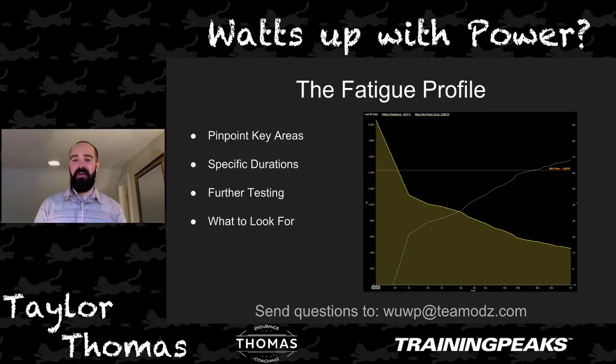Same thing with lactate threshold. If you are able to extend your typical FTP 20-minute effort out to, say, 30 minutes or even 60 minutes, then that's going to give you a lot of insight into that lactate threshold aerobic capacity that's going on in the body.